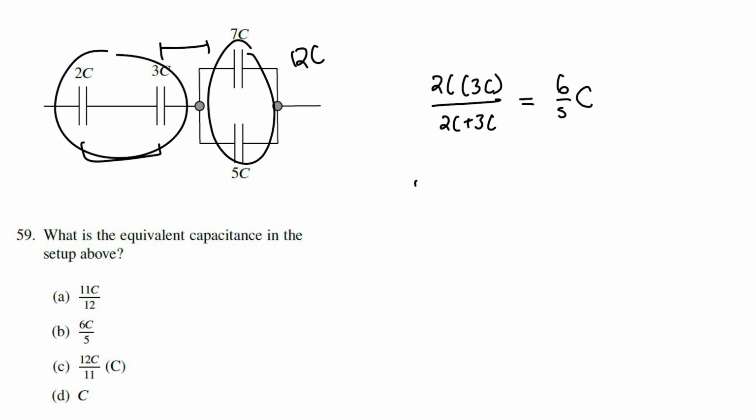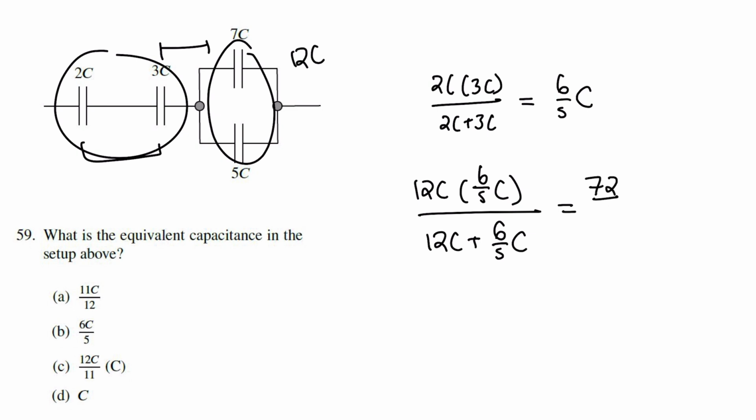So then we would have 12C times 6 by 5C over 12C plus 6 by 5C. And then if you do some algebra, you get 72 by 5 over 66 by 5C, which is 12C by 11, which is C.